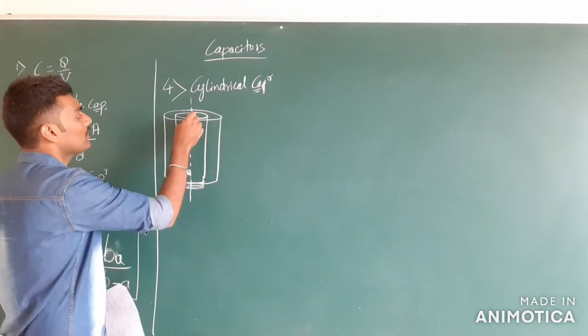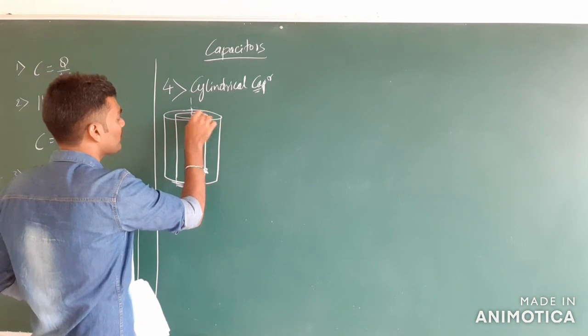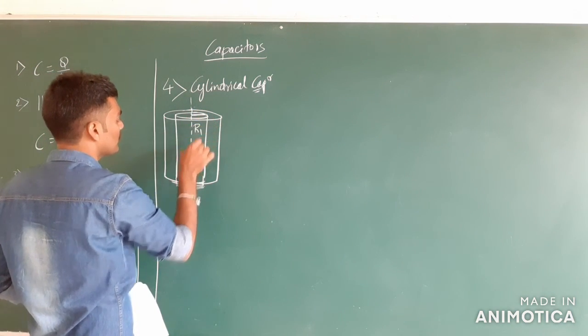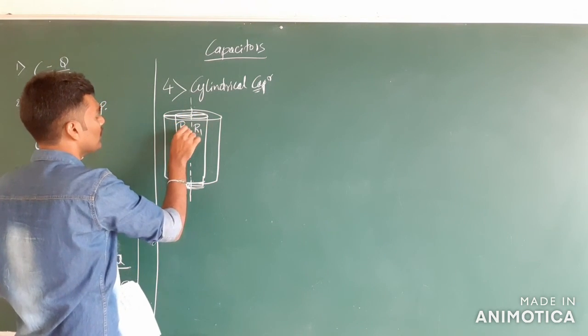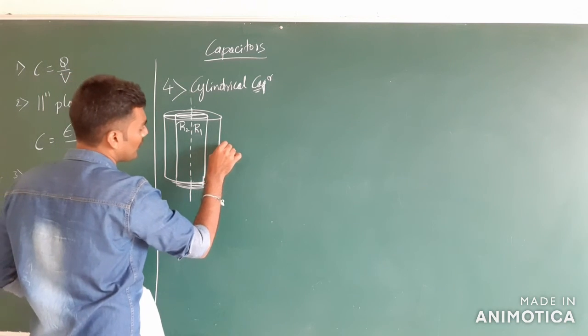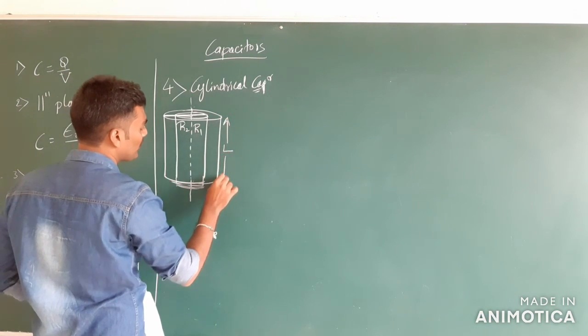Let R1 be the radius of the smaller cylinder and R2 be the radius of the larger cylinder, and L be the length of both the cylinders.